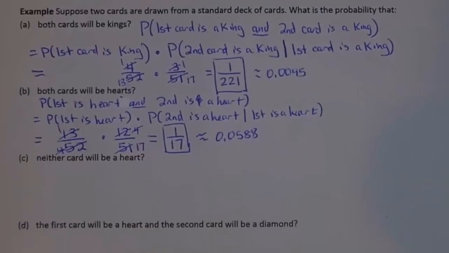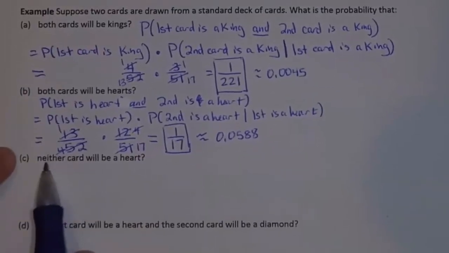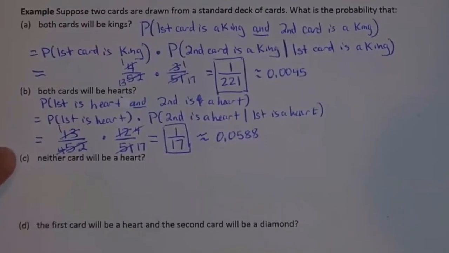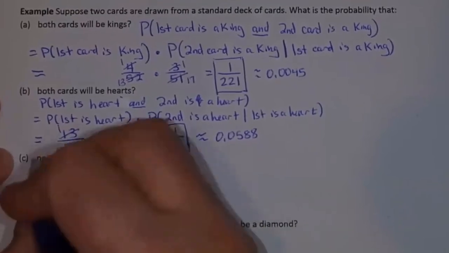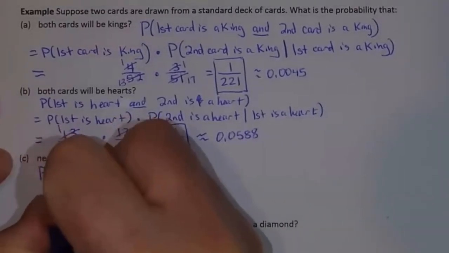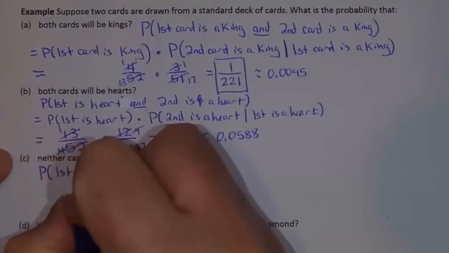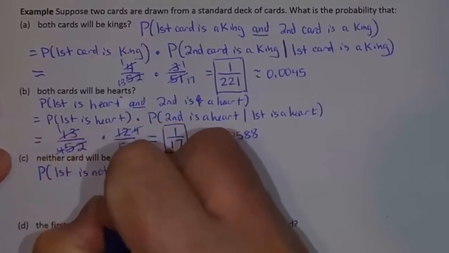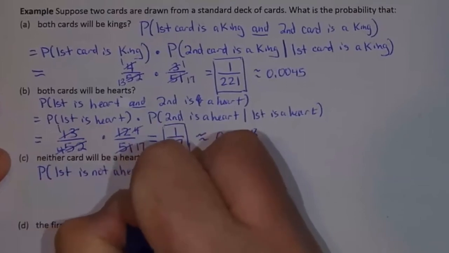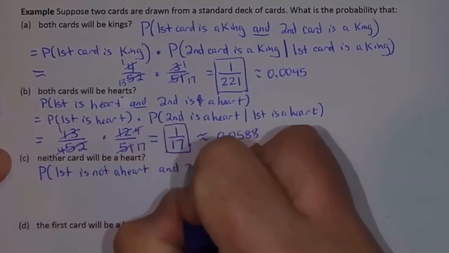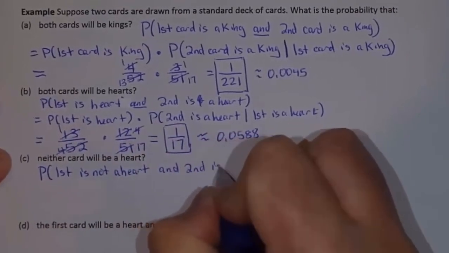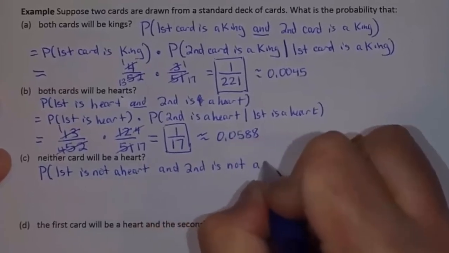Question C. What is the probability that neither card will be a heart? So now we're looking at the probability that the first card is not a heart and the second card is not a heart.